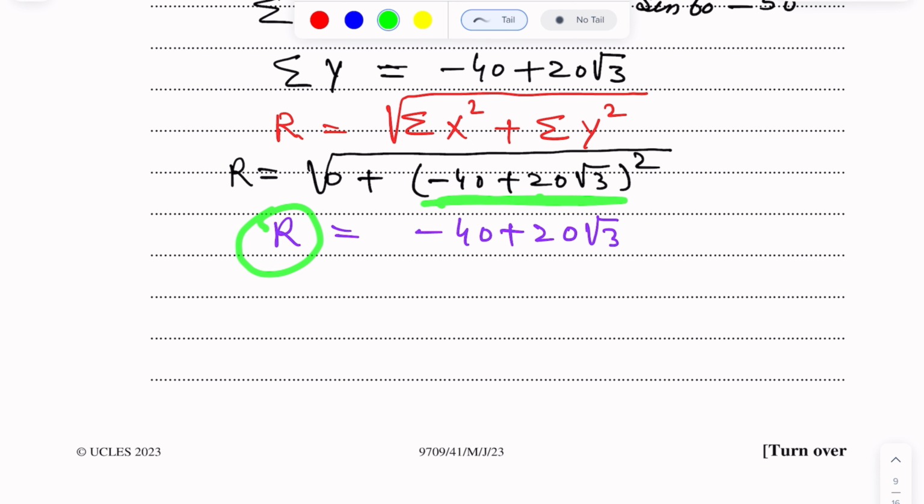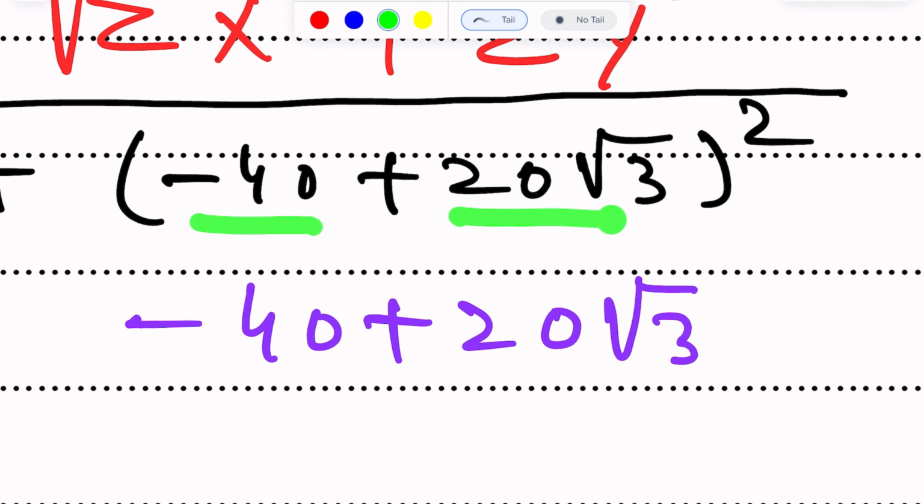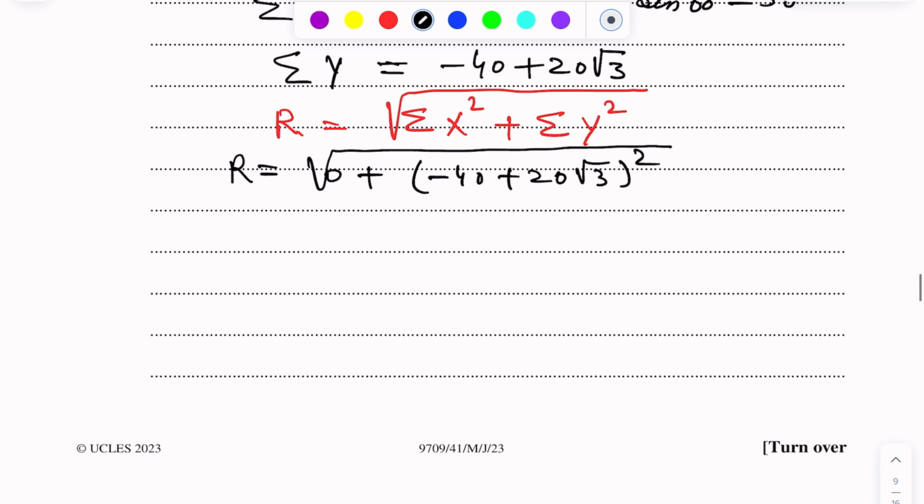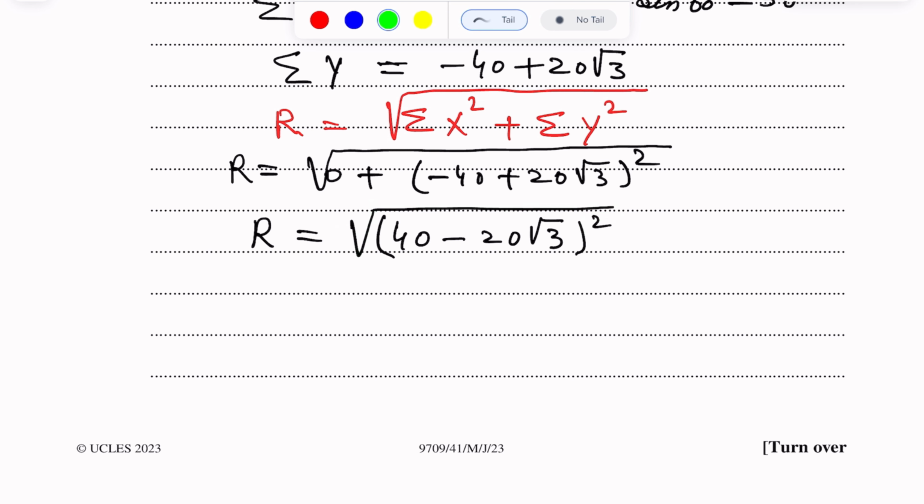So to avoid the negative sign, we can write r is equal to the square root of 40 minus 20 under root 3, whole squared. The square cancels out with the square root, so we get r equal to 40 minus 20 under root 3.